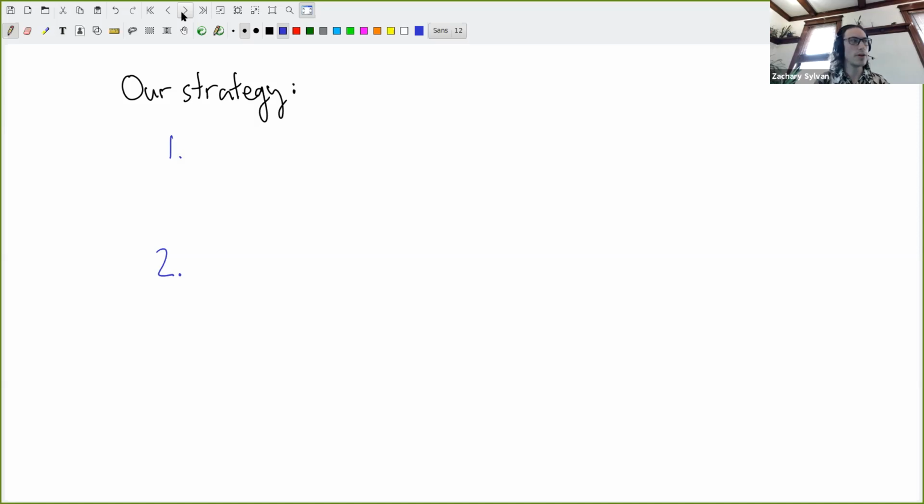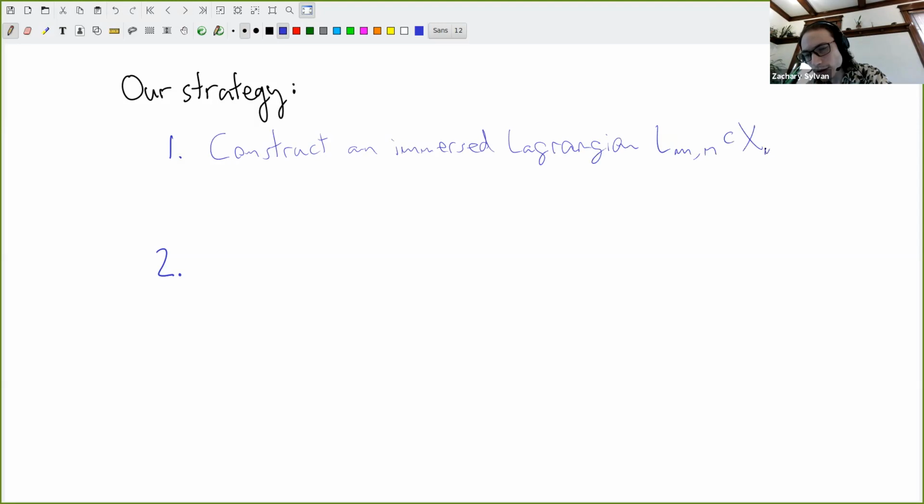Step one is going to be to construct an immersed Lagrangian, L_MN in X_MN.